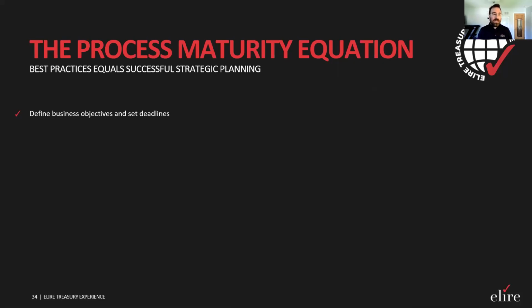You want to actually set objectives and deadlines for each approach that you're going to take when you're looking at strategic planning, but also when you're doing process maturity. Another thing that is very critical is you need to specify tactical and strategic approaches to meet those objectives. Setting objectives is fine, but you need to let everyone know how you're going to get there and what you're going to do.